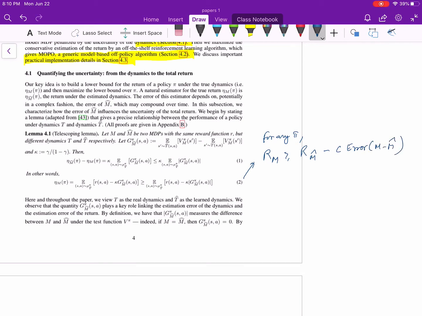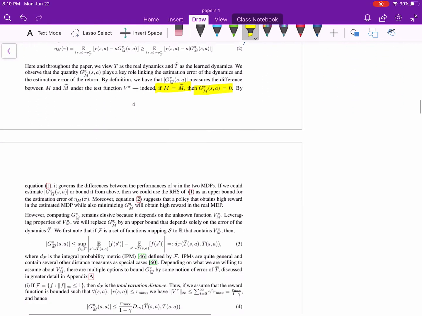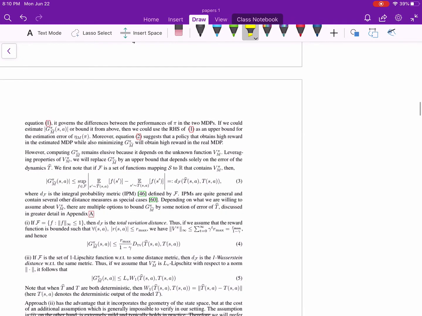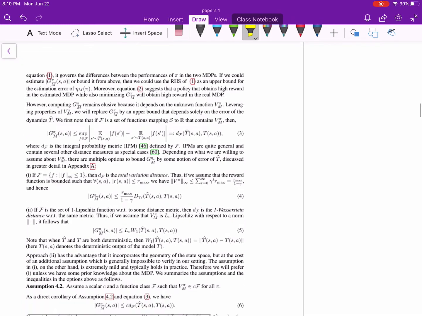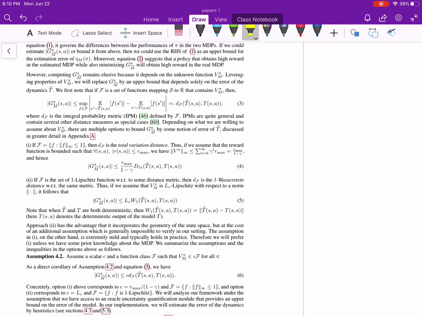We should further look at how this is being controlled. This is obvious, right? If M is equal to M hat, the error is 0. Here it is being generalized to a much richer class, the error function.